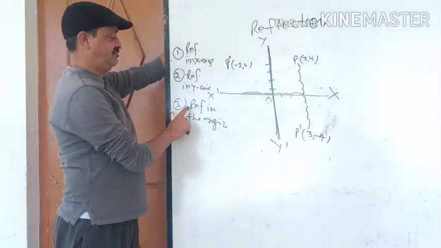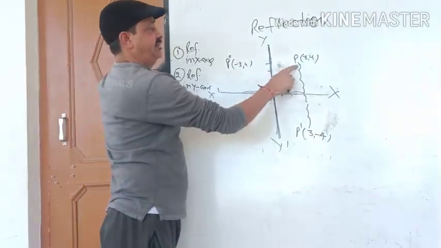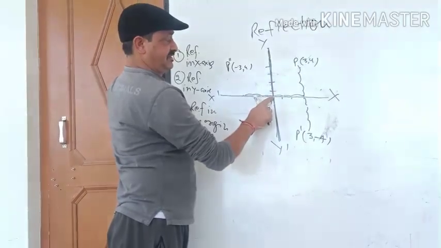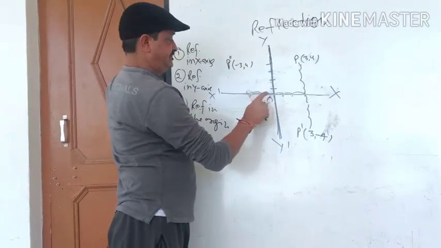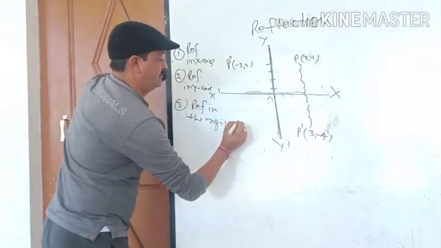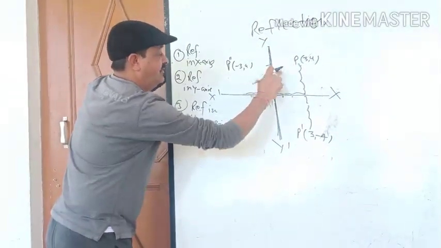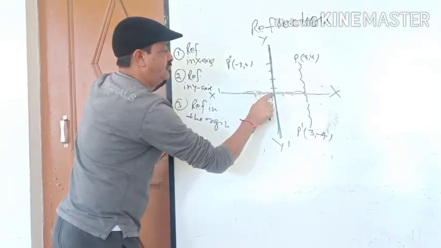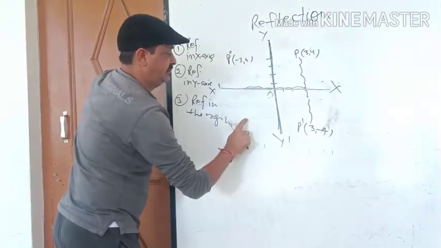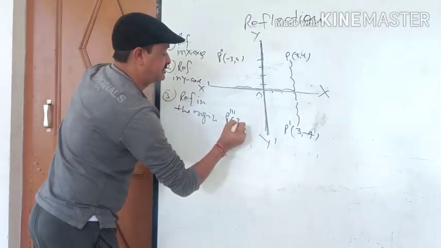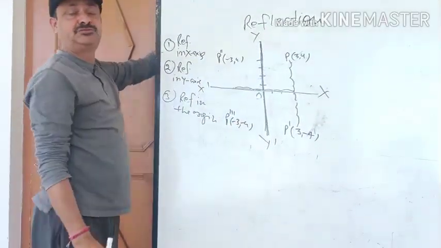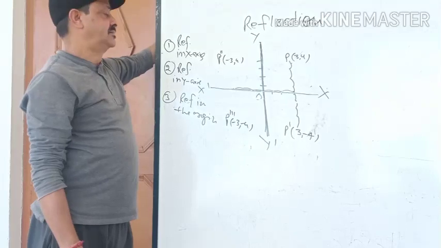Third one, reflection in the origin. Whenever a point gets reflected in origin, both x and y change their sign. So the coordinates of the image of P when it gets reflected in origin will be -3, -4, and let it be P triple dash, -3, -4. So this is the rule number 3.